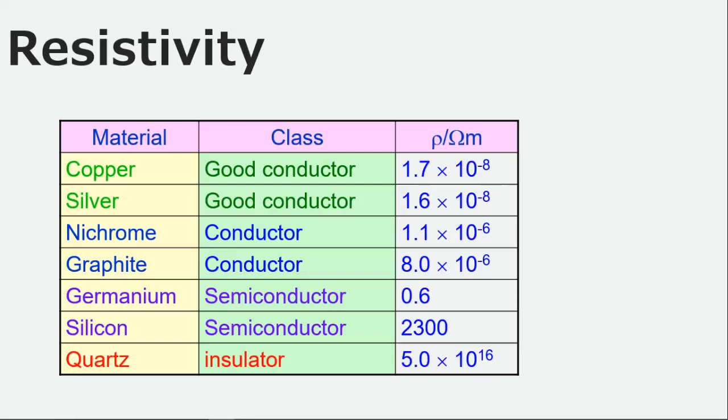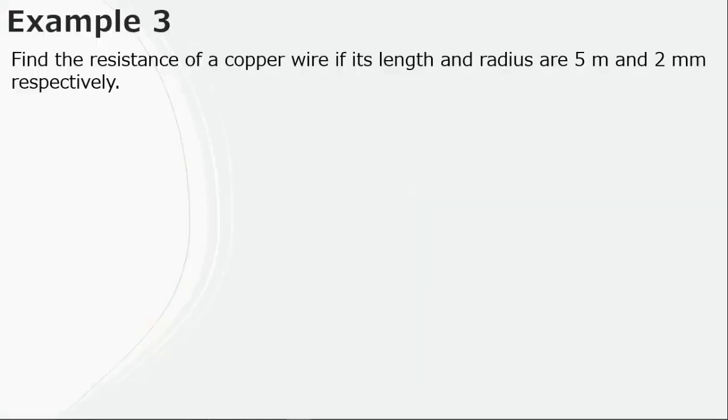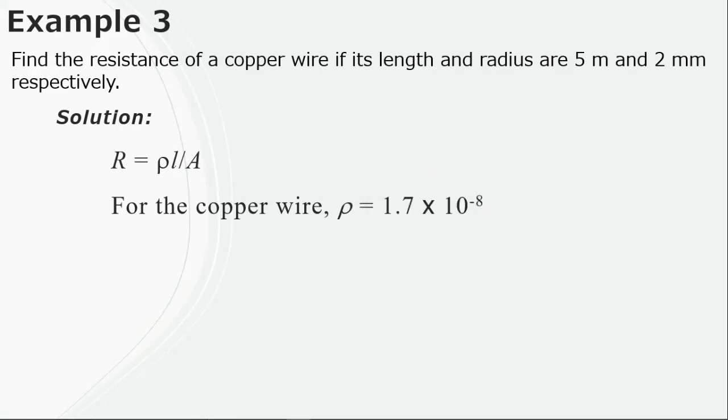From here, with the different resistivities, let's have example number 3. Let's find the resistance of a copper wire if its length and radius are 5 meters and 2 millimeters respectively. For our solution, our equation is R is equal to rho L over A. For the copper wire, the resistivity is equal to 1.7 times 10 raised to negative 8 ohm meter.